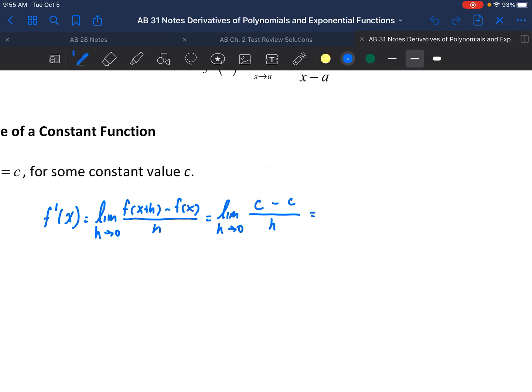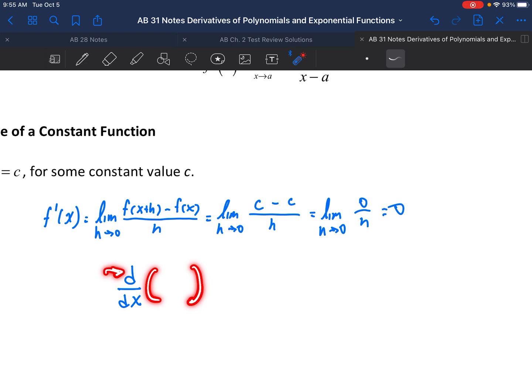Well, evaluating that, it's going to be the limit as h approaches 0 of 0 over h, which is 0. So what we find is that the derivative, and I'm going to use this d dx notation, so it is the derivative of some function, in this case it's going to be our constant.